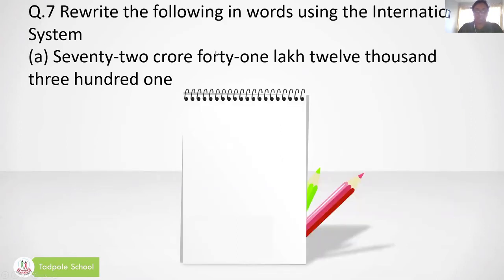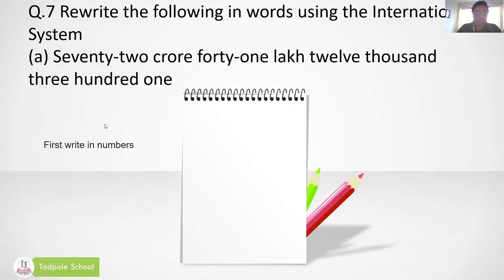Now let's take one more question. That is question number 7. Question number 7 is: rewrite the following in words using the international system. And the number given to us is 72 crore 41 lakh 12,301. So what do we do first? First, write this number in number form.